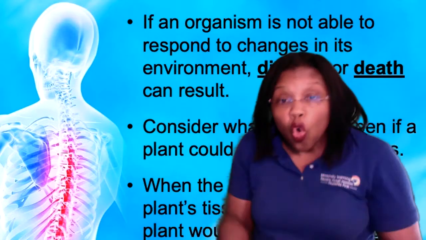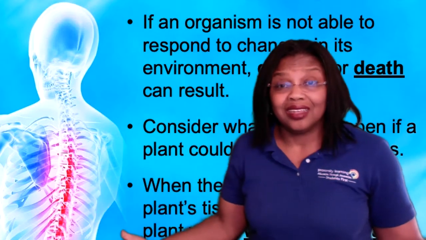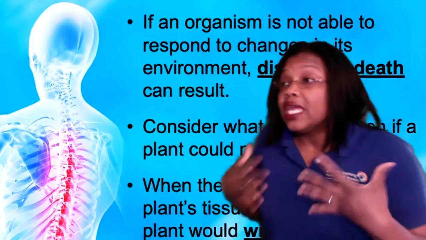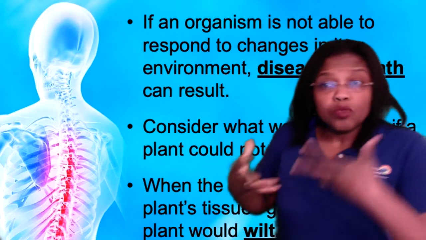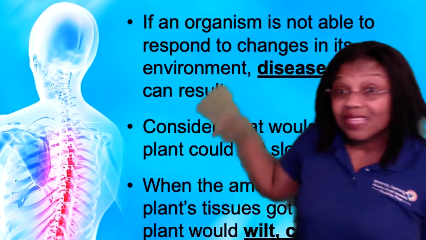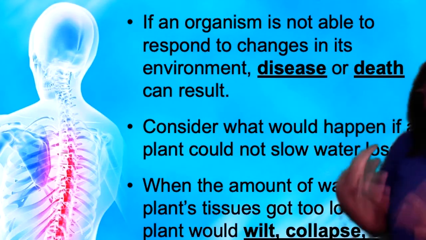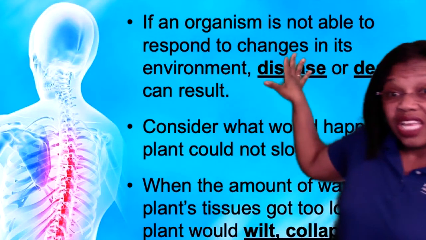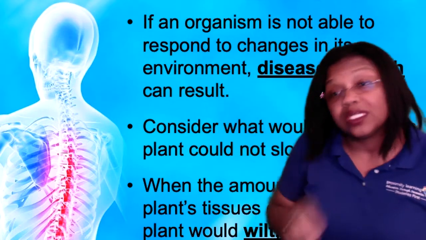That person is always in jeopardy of overheating, and overheating can lead to death. If something's wrong with our immune system, if we can't respond to an invasion, if we can't warm ourselves up, if we cannot respond, that's not a good thing. Remember, any type of imbalance in our bodies means something's wrong. It could be disease. Something's just not right, and your body will tell you that.